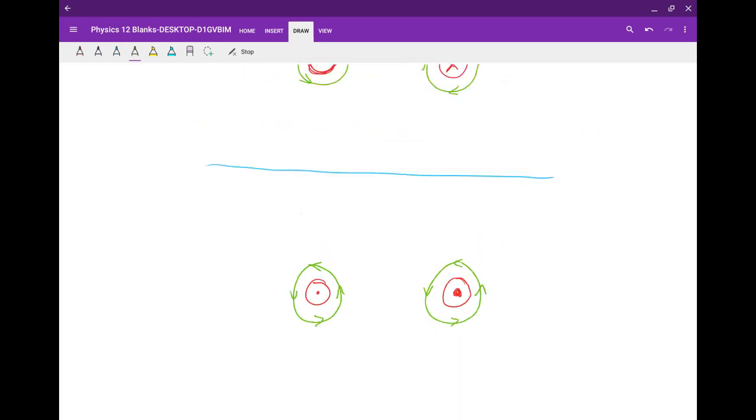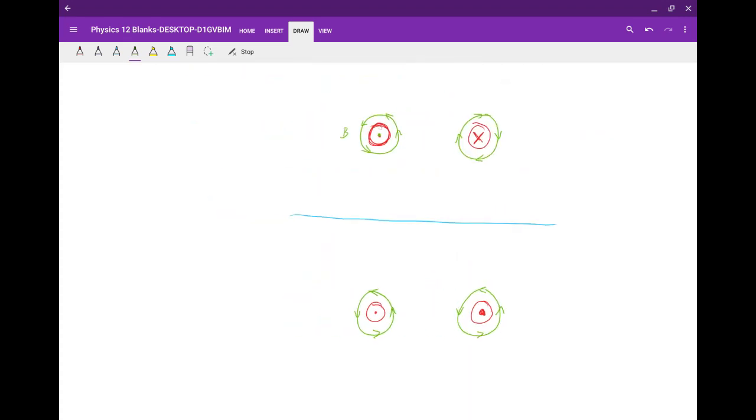So now let's zoom out and take a look at this. Green is the magnetic fields. Notice the difference in these two scenarios. Let's talk about what's going on in the inner part. Notice here and here, both of the magnetic fields are pointed in the same direction, whereas here and here, they're pointed in opposite directions.